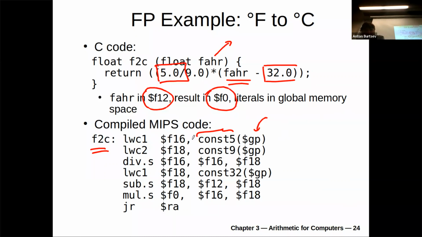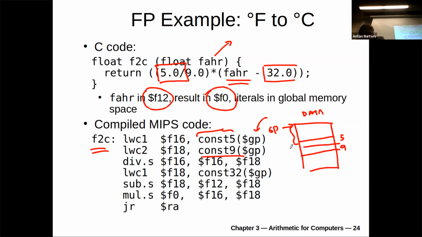Remember this. You load it into register F16, then you load the constant which represents 9, again an offset within the data section. GP points here, and then it's just an offset where you have 5 and an offset where you have 9. Those are generated by the compiler, because the compiler has to generate correct representations of those floating point numbers in memory and place them there.